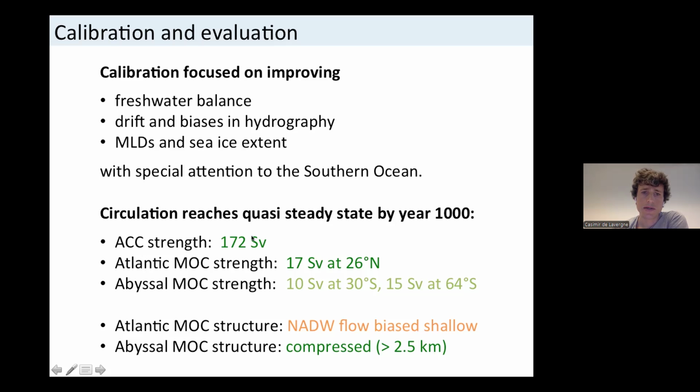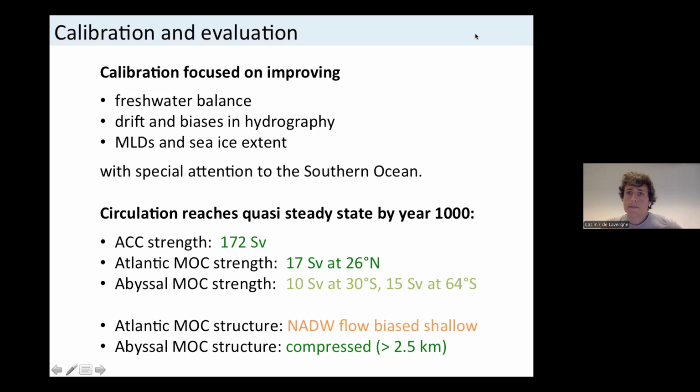The ACC is 172 sverdrups, just at the high end of recent observations. The AMOC is 17. The abyssal cell is about 10 sverdrups, slightly weak, but not very far from inverse estimates. The AMOC is a bit shallow. It's biased shallow.